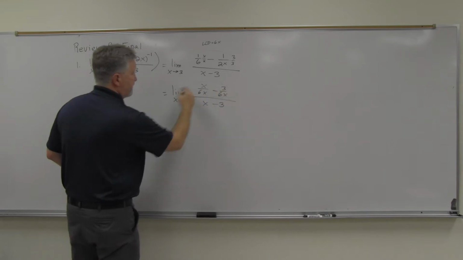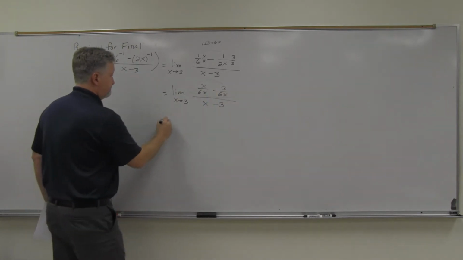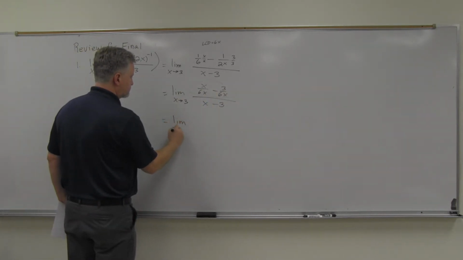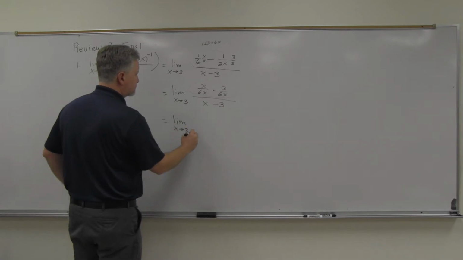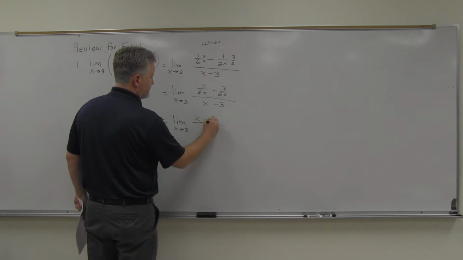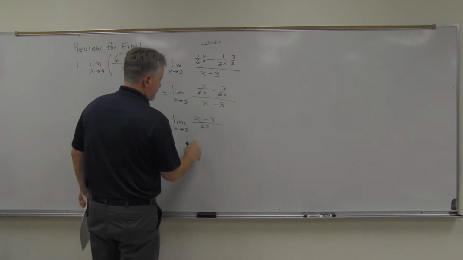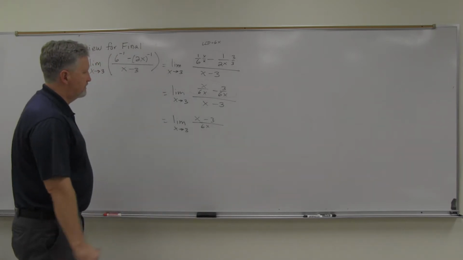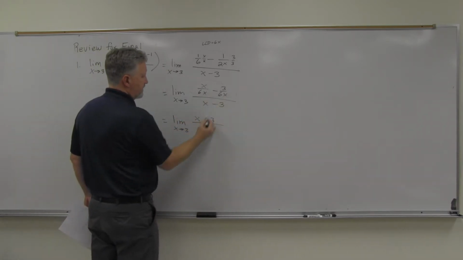Now I've got a common denominator on the top, so I can combine those numerators. Now the other thing here, let's go ahead and condense this. This is what I'd have on the top.